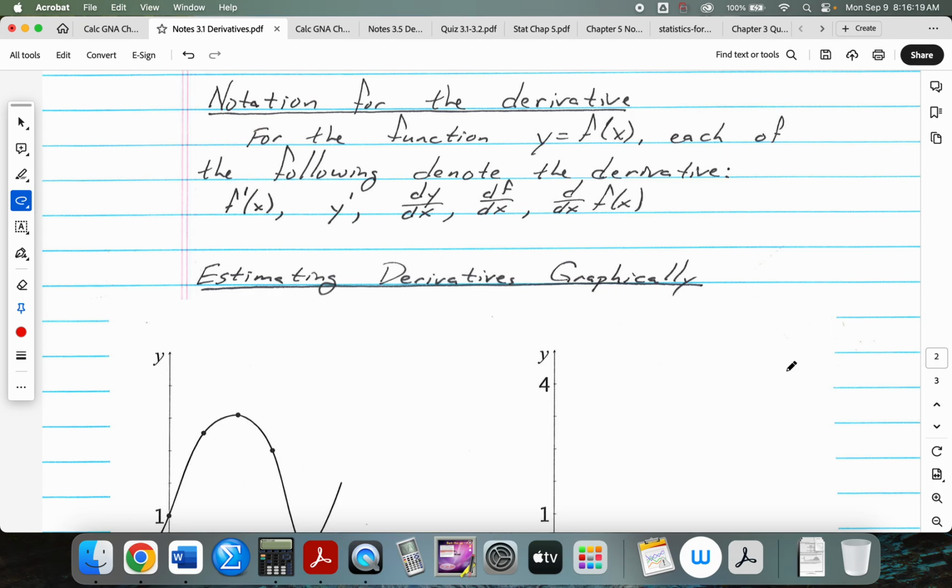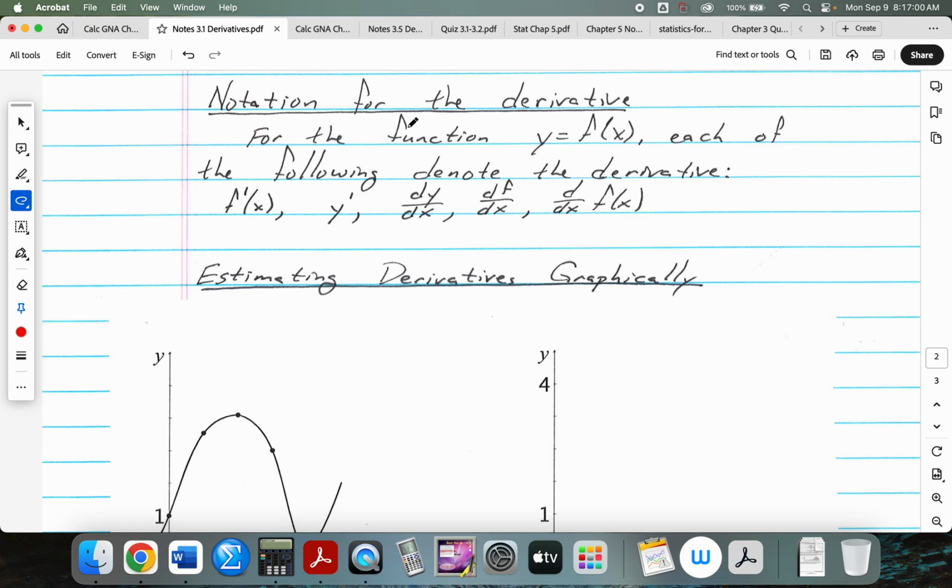In England, it was done by Isaac Newton, famous for all kinds of things, gravitational laws, stuff like that. In Germany, it was done by a man named Leibniz. Again, almost simultaneously. They had different ideas about how to approach it, but they ended up in the same spot. But they used different ways of writing it. And each of them has something to say for it. We've kept both as a homage to both of them.